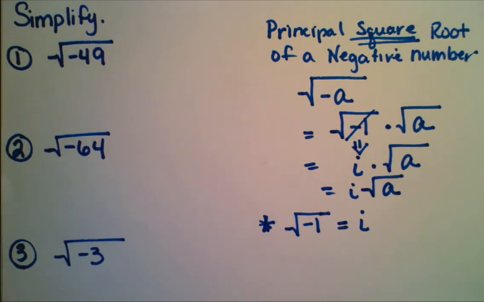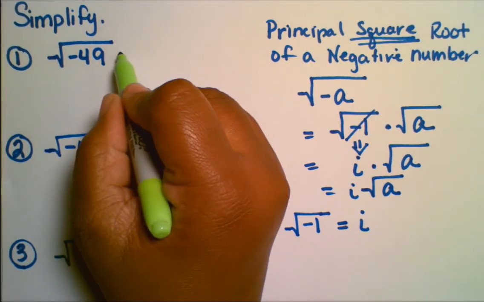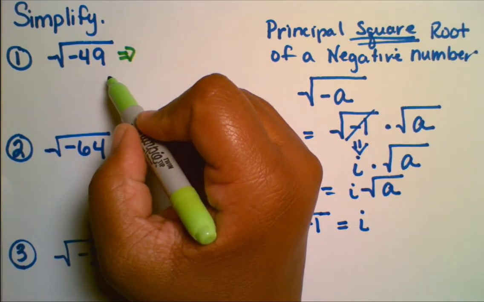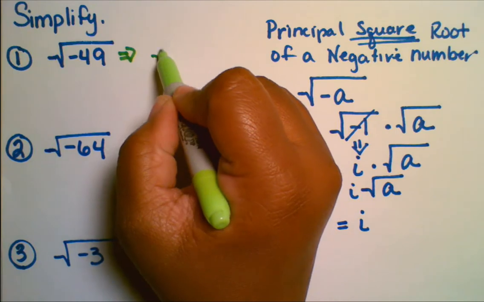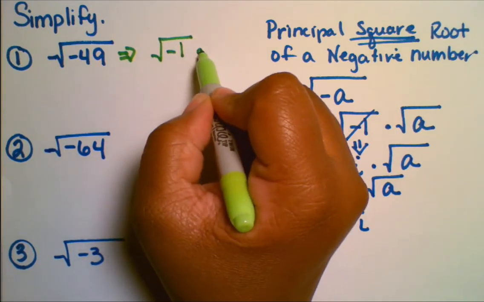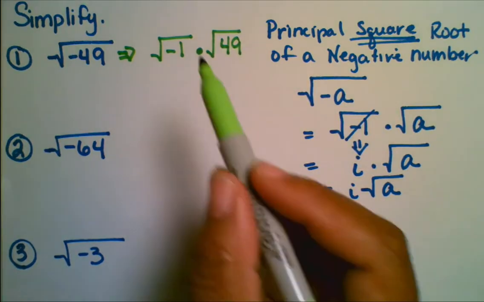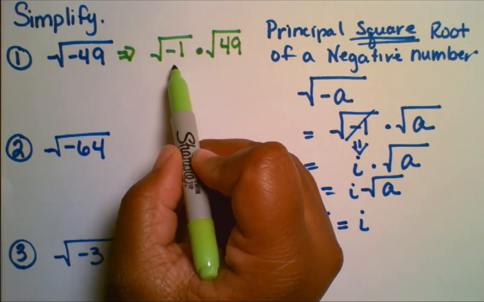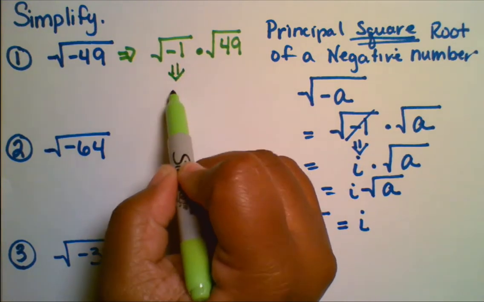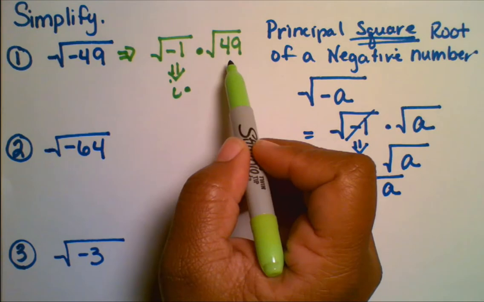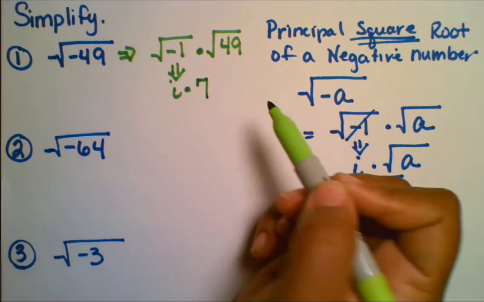We have the square root of negative 49, as I said before. We're going to write it as two separate radicals, taking out the negative 1 factor. So you're saying the square root of negative 1, which is i, and the square root of 49, which is a perfect square, so we have 7.